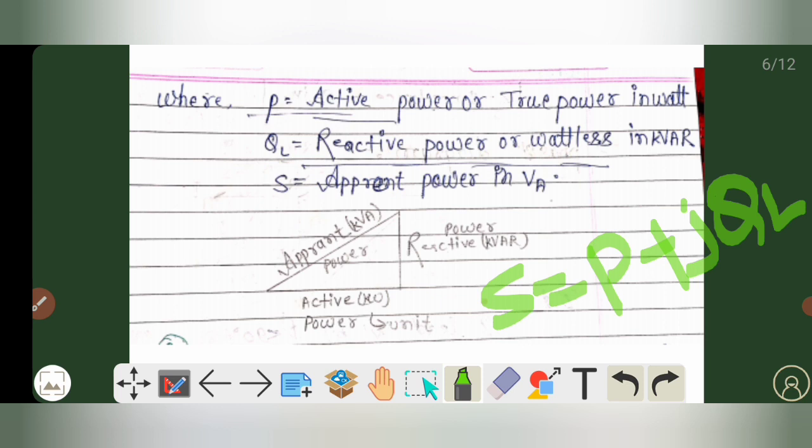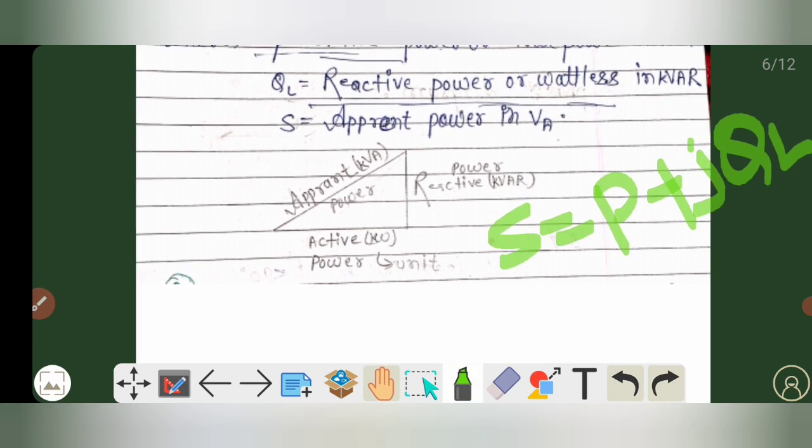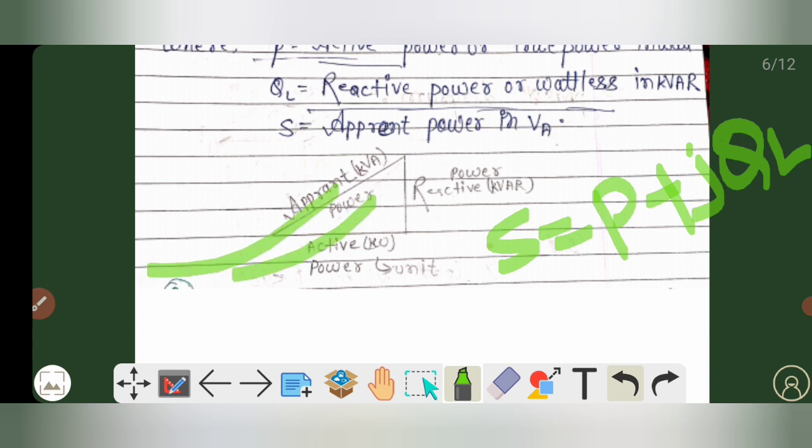We call QL the reactive power or wattless power, and its unit is kVAR. We call S the apparent power, and it is measured in VA, volt ampere. Now my dear friends, this was basically the power triangle, as you can see here.